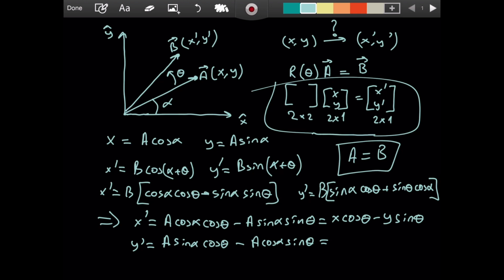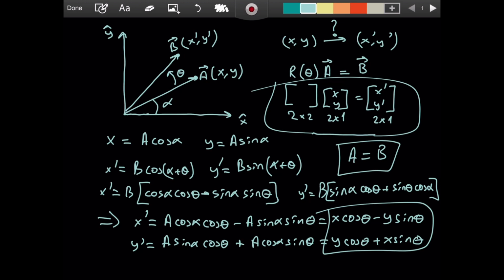Why? Well, because this part is something familiar, isn't it? And this is a plus, excuse me. That's a plus. So again, what is this part? That is y. Y cosine of theta. Plus, this part is x. And then we have sine of theta. We expressed the coordinates. This is fine. We are done. But we want it in a more compact way.